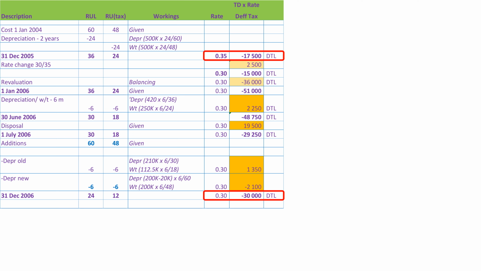Thus, when you account for your balance, the balance is always accounted for at the old rate. So you have Part D, deferred tax asset or liability. The deferred tax balance is caused by temporary differences relating to property, plant and equipment, 30,000 as at 31 December 06 and 17,500 as at 31 December 05.